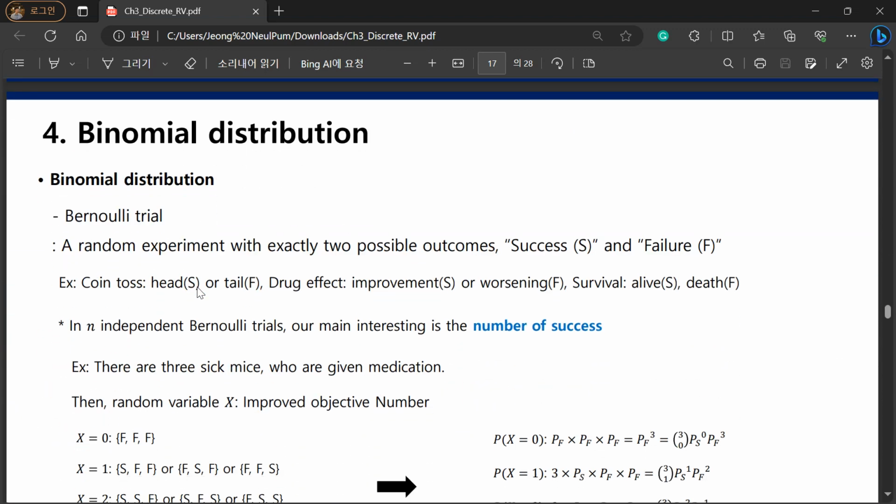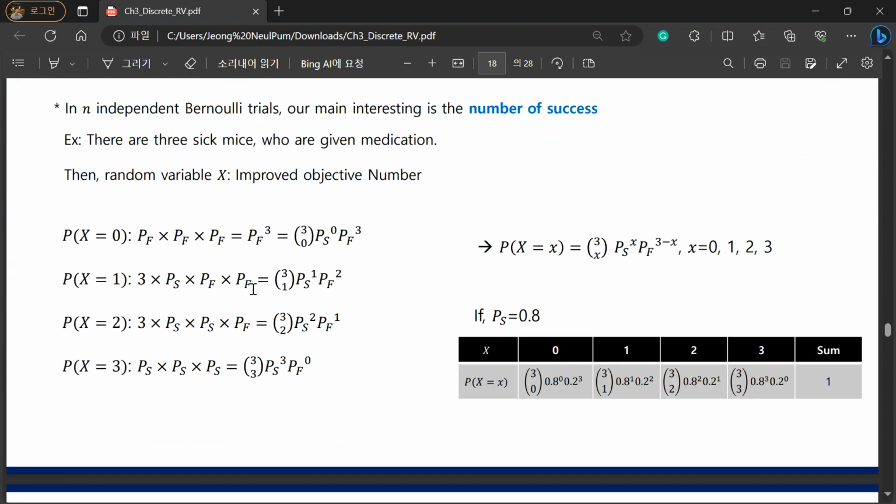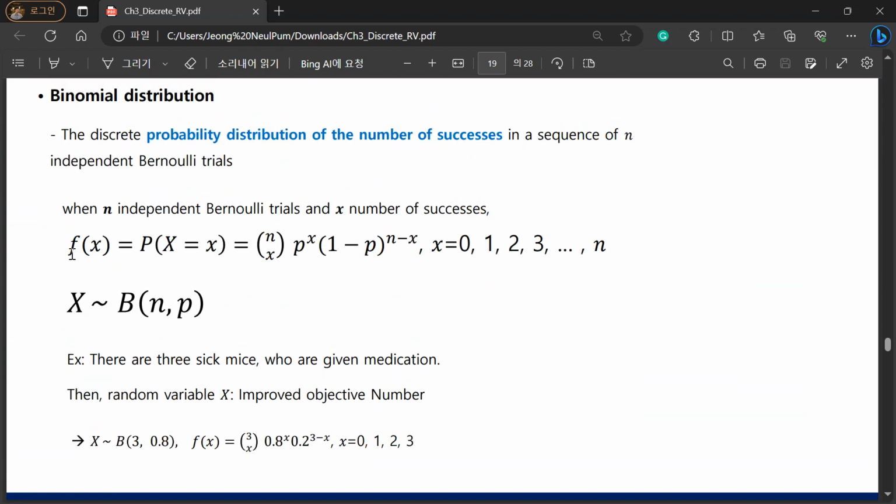The density for the binomial distribution is here, so you can see this formula. What we have to do for now is just realize this formula in our code. This is about n combination x, and the other part is also for the density. We can say that x has each discrete value from 0 to n.